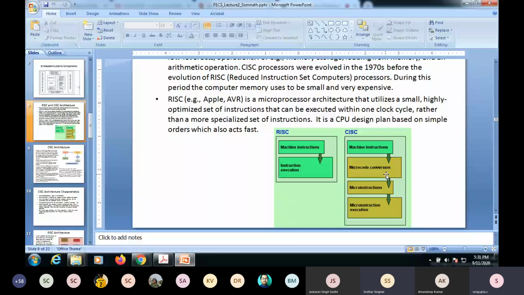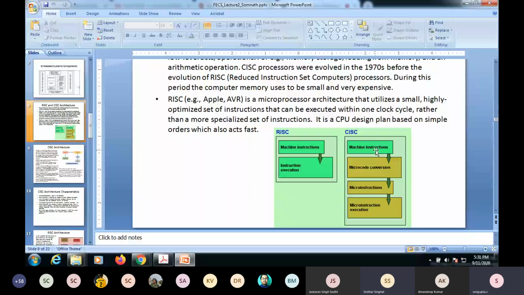But in this case, the chunks of these instructions are themselves small, so they're more optimized. Here, these are more complicated chunks of instructions, so they have to be further broken down, and then everything executes in binary or hexadecimal.